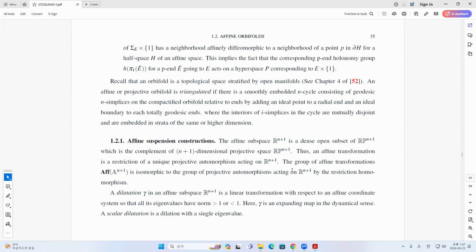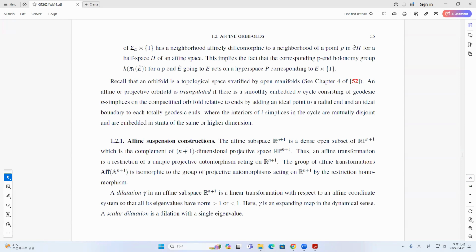So an affine subspace is a dense open subset, which is a complement of an n plus one dimensional space. So this should be some n here.